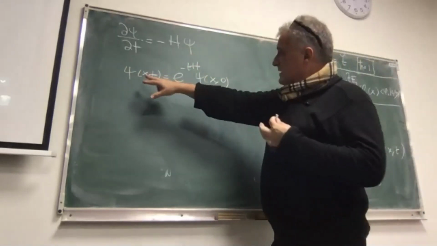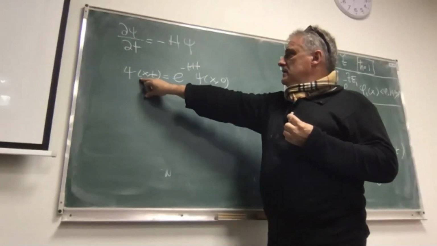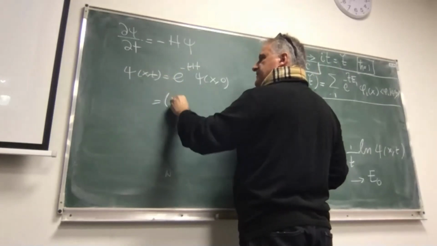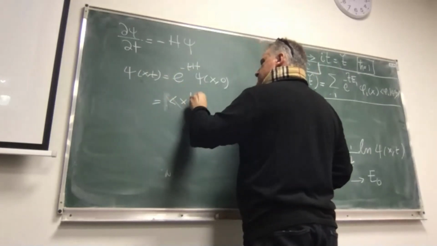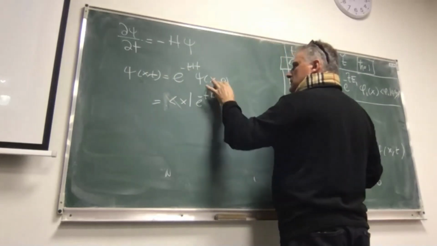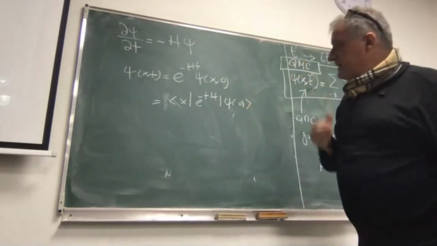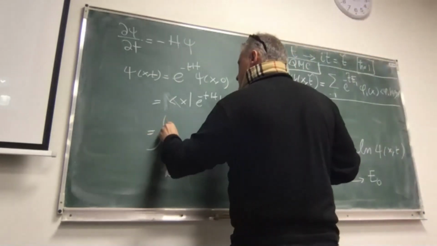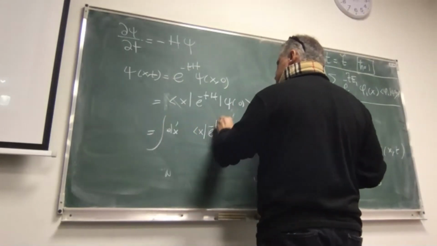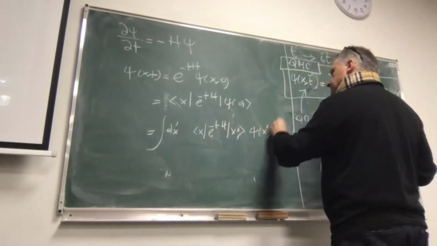So, if I want to compute that, in terms of Ket and Bra, it is x exponential minus tH applied to psi 0. And this is the integral over dx prime of x exponential minus tH x prime psi x prime 0.